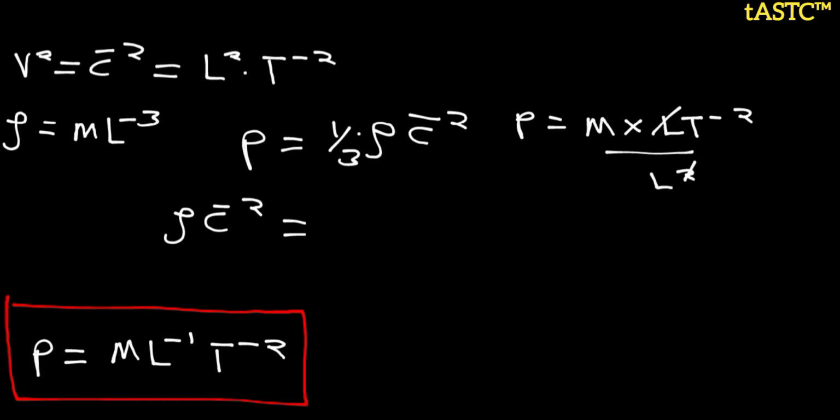So we have rho, which is M multiplied by L raised to the power of -3, and this is now multiplied by L raised to the power of 2 and T raised to the power of -2.